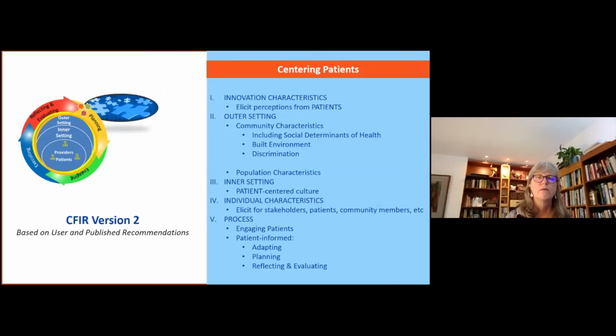Based on the recommendations that we have identified through surveys and also through the literature review, we are working on a version 2 of the CFIR, where we will center patients more prominently in every domain. So for example, with the innovation characteristics domain, we will recommend and highlight the importance of eliciting perceptions from patients, as well as other key stakeholders.